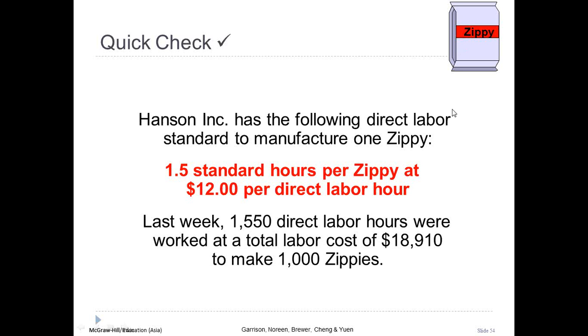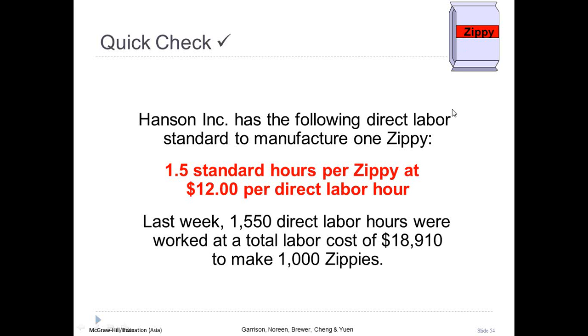Similar to the earlier calculations, we change one figure from the right, from the second row onwards. Hence we have the standard rate identified at $12 per hour, resulting in a reference of $18,600. The rate variance, therefore, is $310 unfavorable, as the actual spending is more than the expected sum.